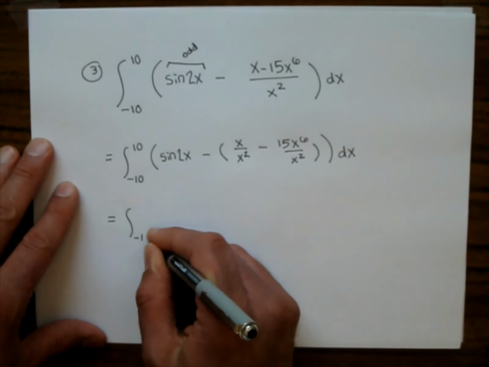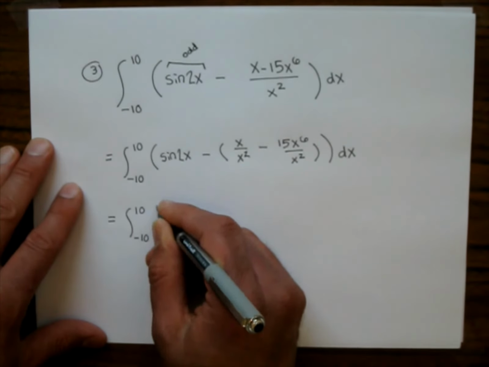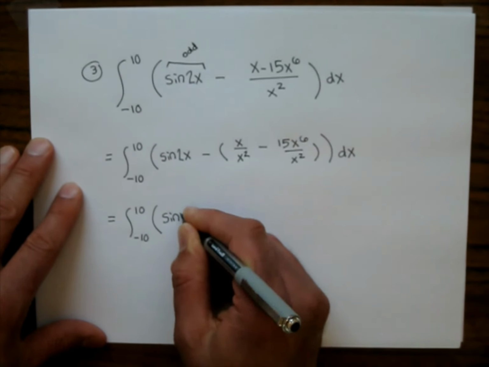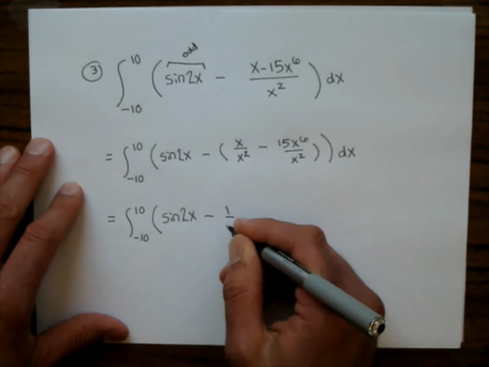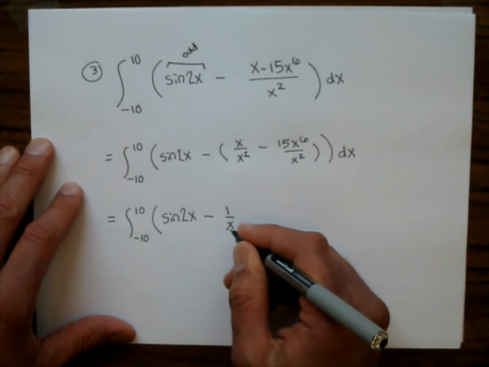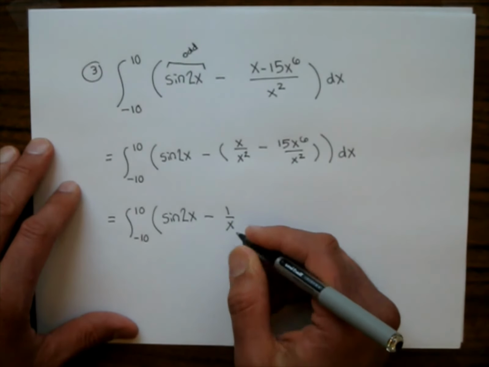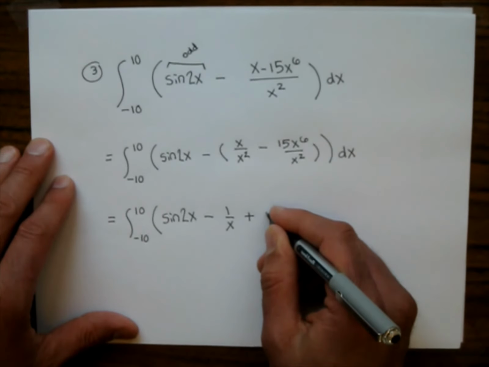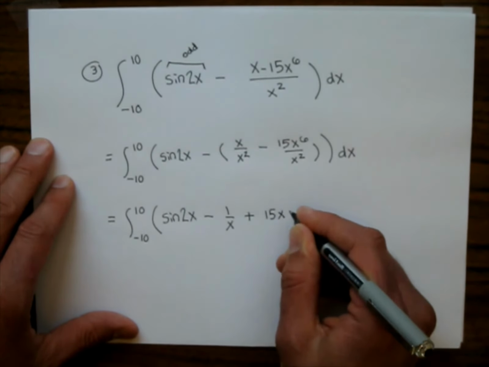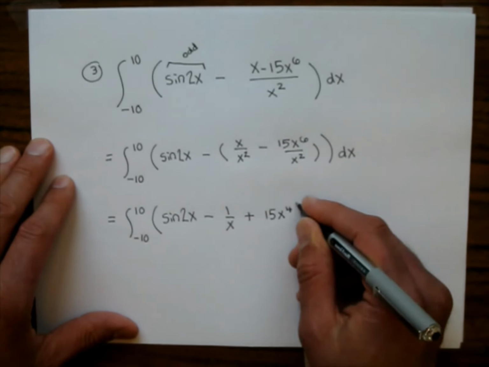Okay, so this is the integral from negative 10 to 10 of sine 2x minus 1 over x, and then we have plus 15x to the 4th.